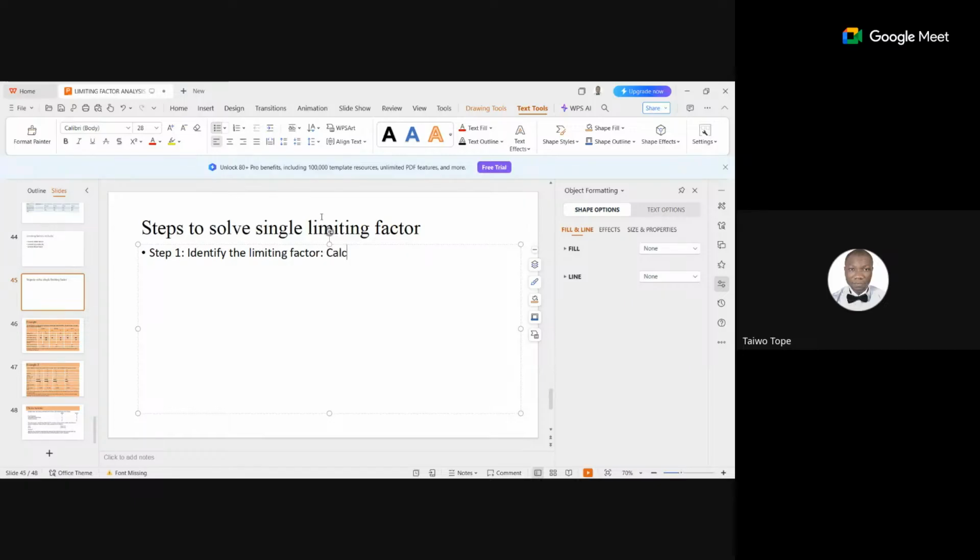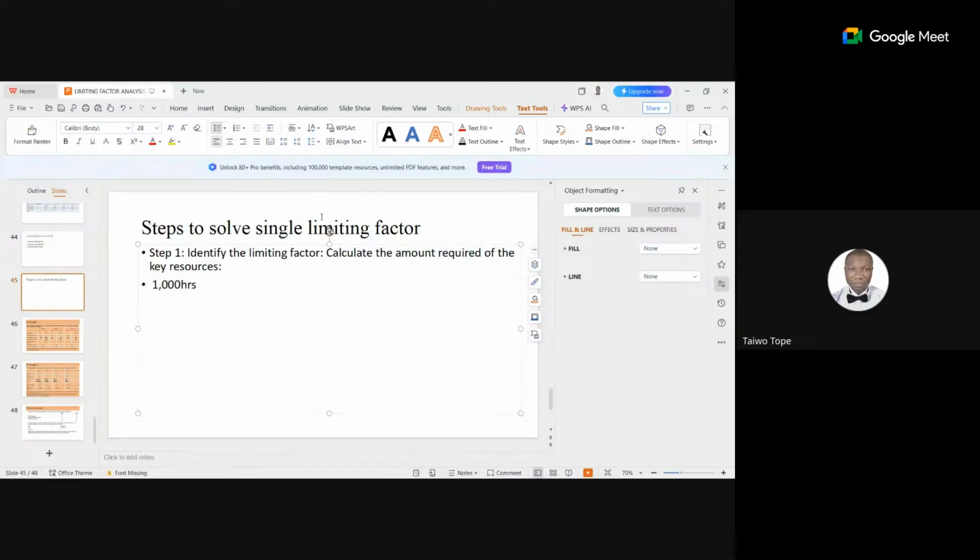You calculate the amount required of the key resources. For example, in a question, it can be put that the maximum amount of hours is 1,000 hours.